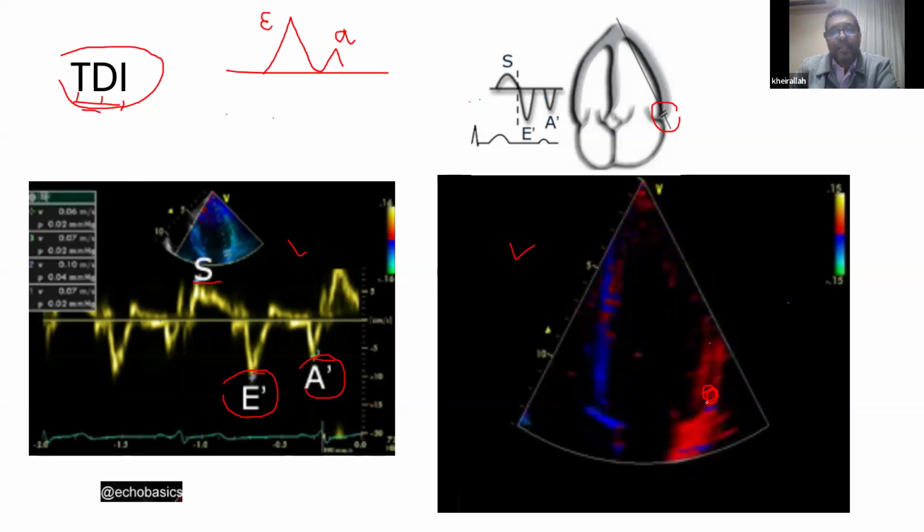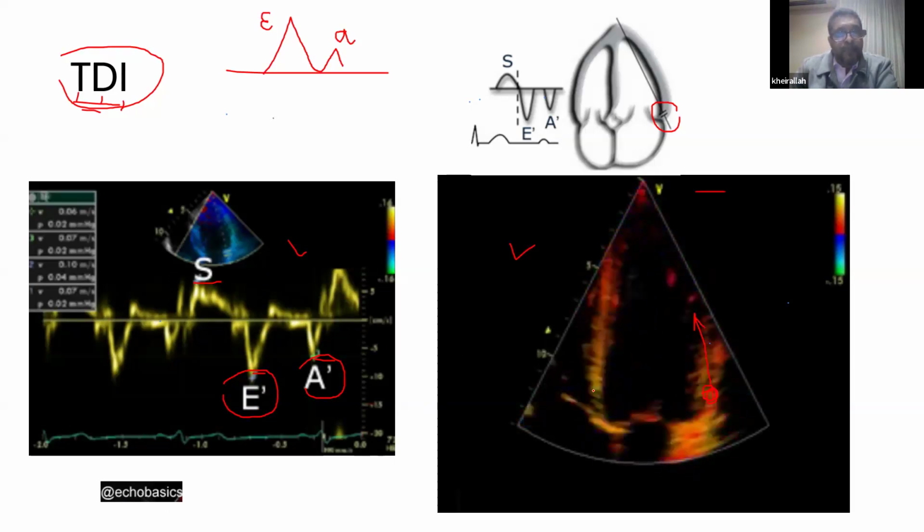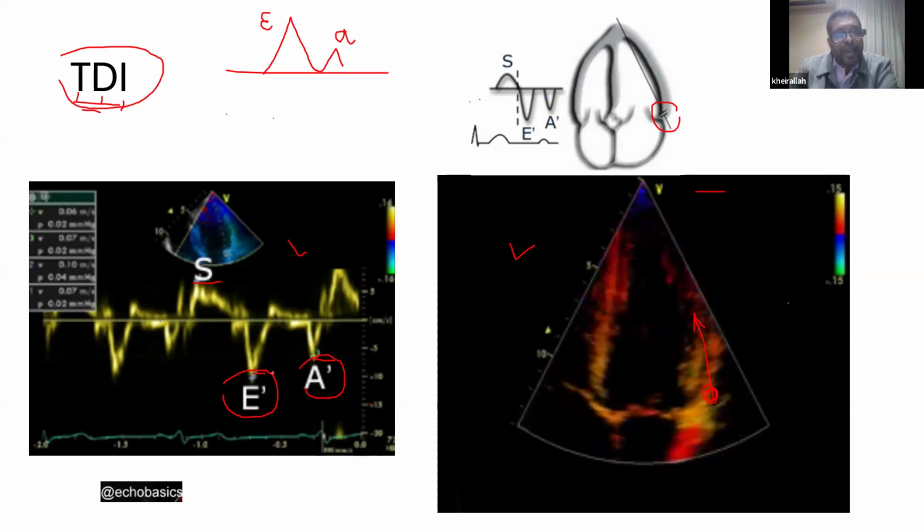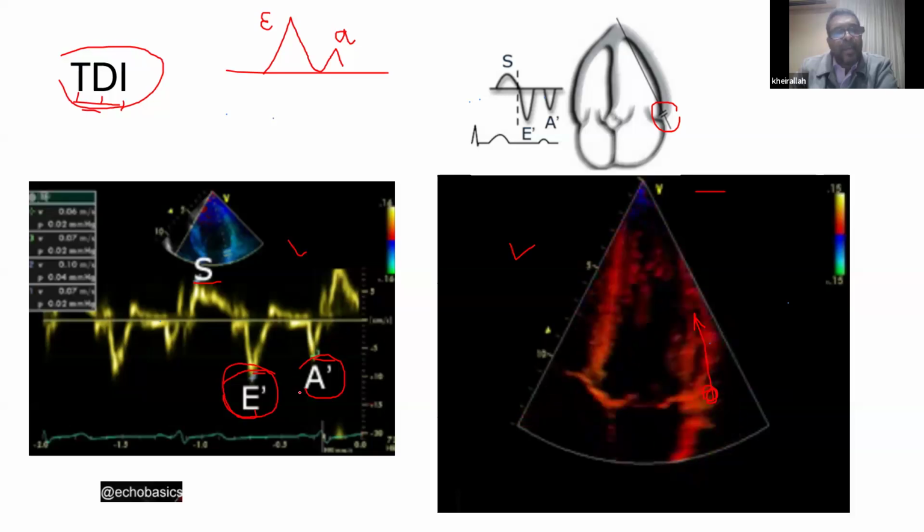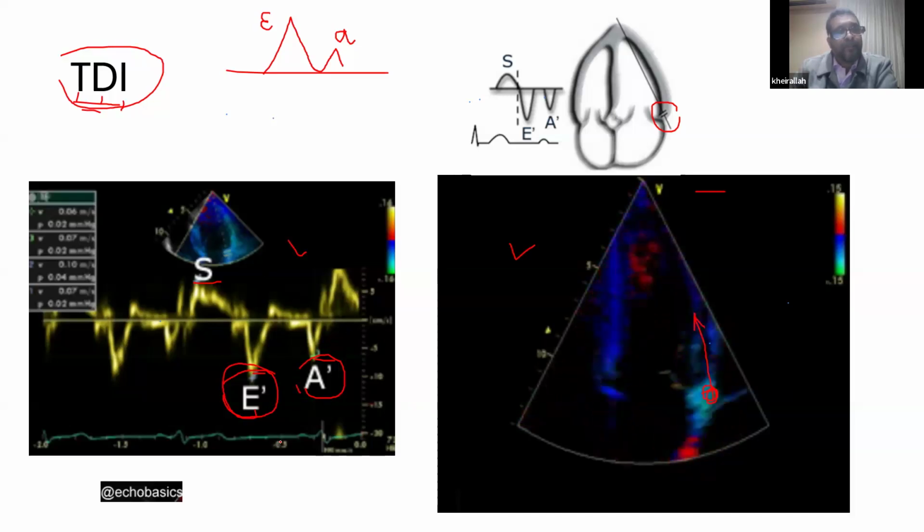So it's analyzed mechanically. So this point contracts. When it contracts, where does it go? It goes here towards the probe. So we get S prime. When it relaxes, twice: during the early phase, E prime, and during the late phase, A prime. Yes? So we have S prime, E prime, and A prime.